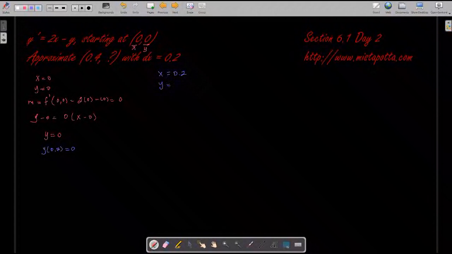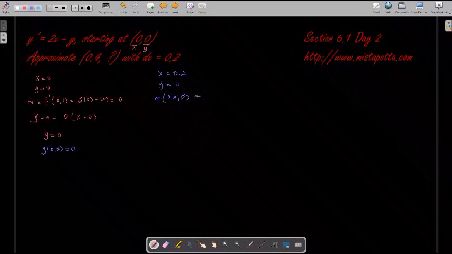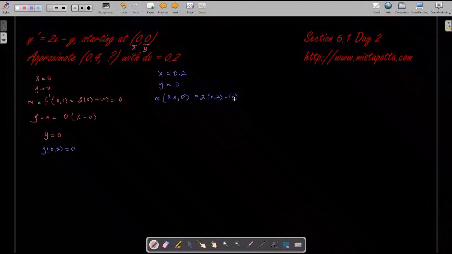Y is what we just determined, 0. And my slope is going to be my derivative at my x coordinate 0.2 and my y coordinate 0. So this is going to be 2 times my x coordinate minus my y coordinate, or 0.4.